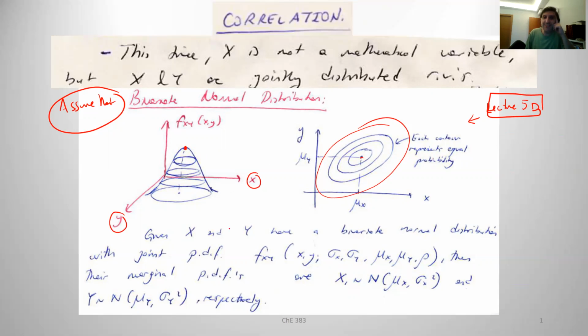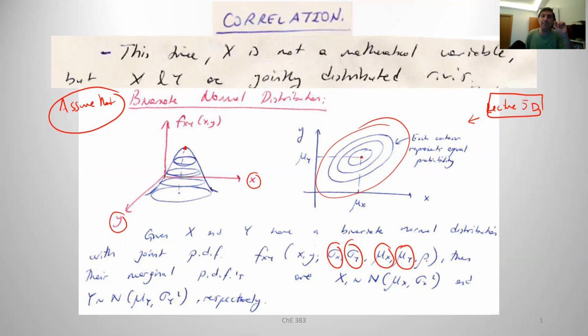Anyway, how can we describe this distribution? It is described by marginal mean values obtained from the marginal density functions, and standard deviations again obtained from the marginal density functions.